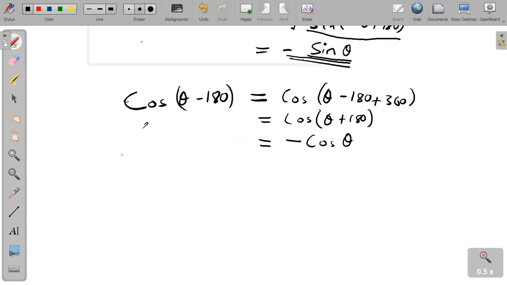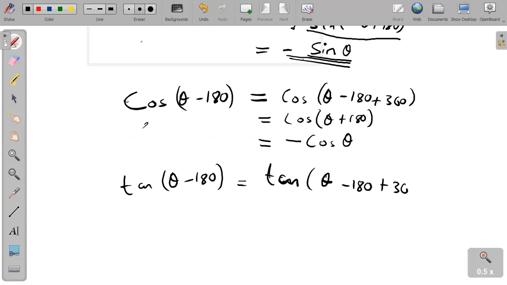Talk of tan theta minus 180. Again, it's going to be tan theta minus 180 plus 360. So we can also get it in the same way. What is it going to give us? It's going to give us tan theta plus 180.